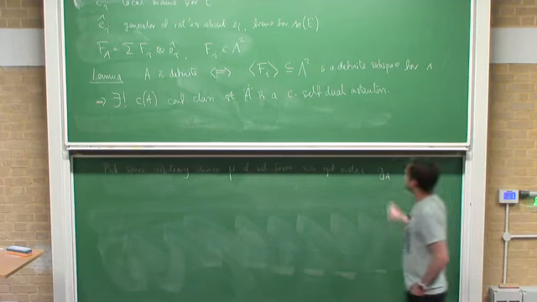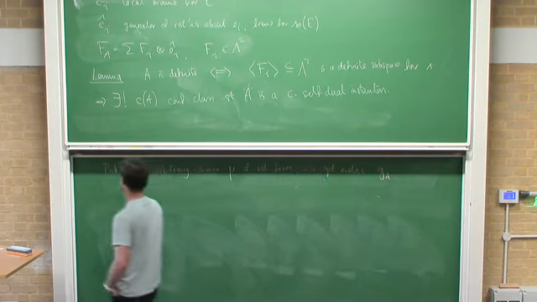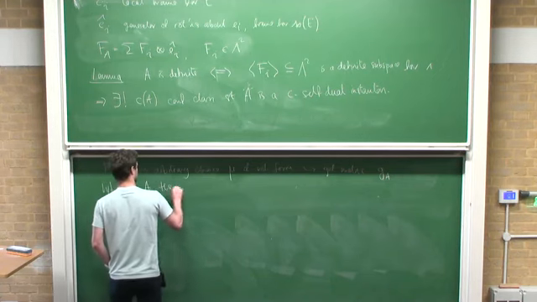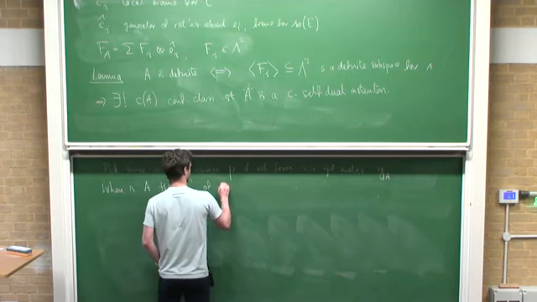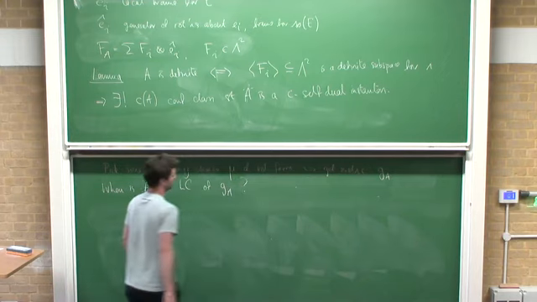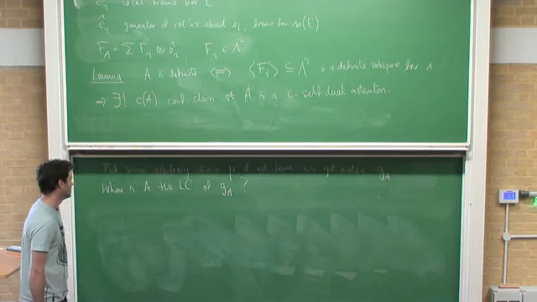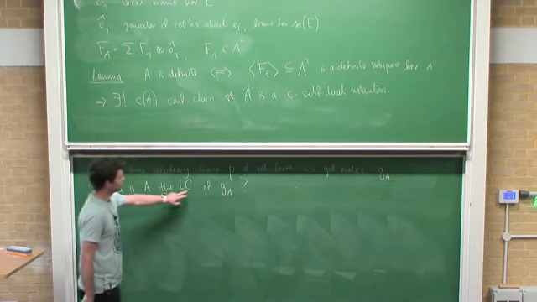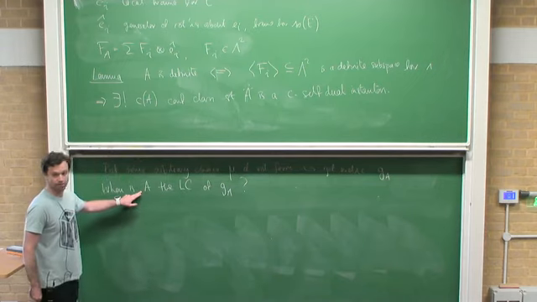Okay, so what we want to ask is when is A the Levi-Civita connection of g_A? The first thing to notice is that these two connections are connections on abstractly different bundles.